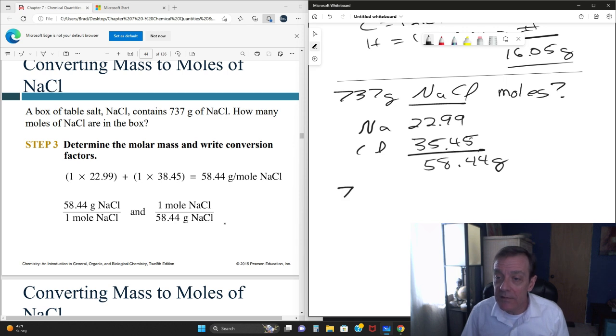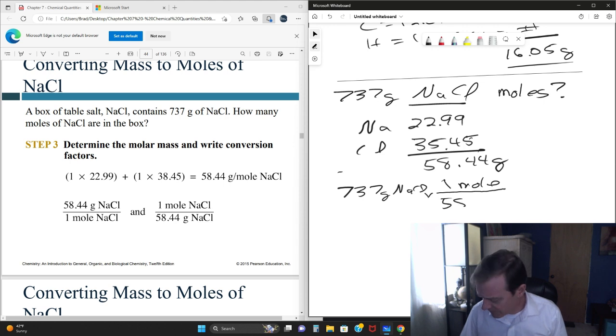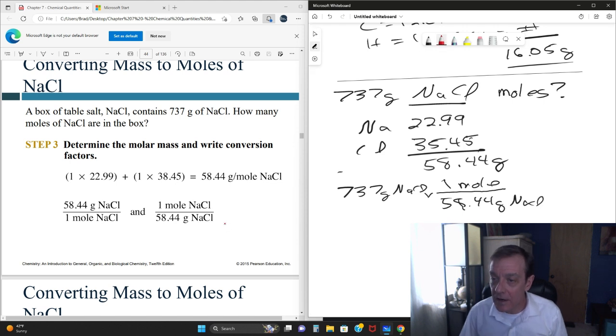We're given that we have 737 grams of sodium chloride. For each 1 mole of sodium chloride, there is 58.44 grams of sodium chloride. Okay, let's make sure that our units cancel out.